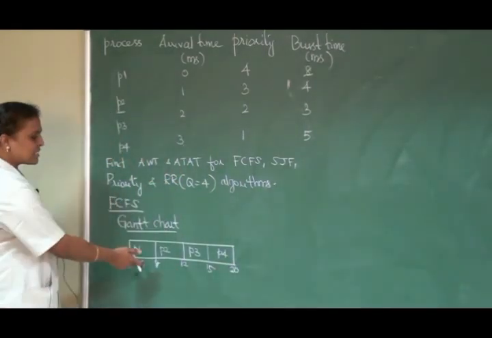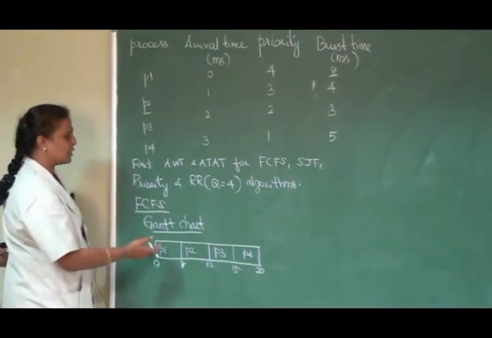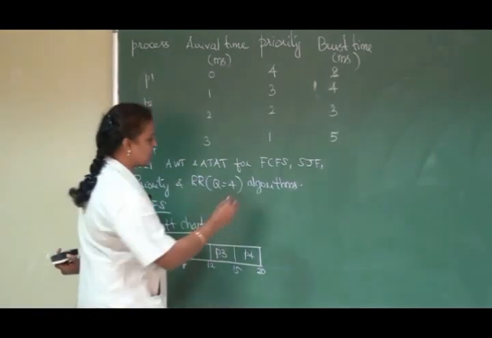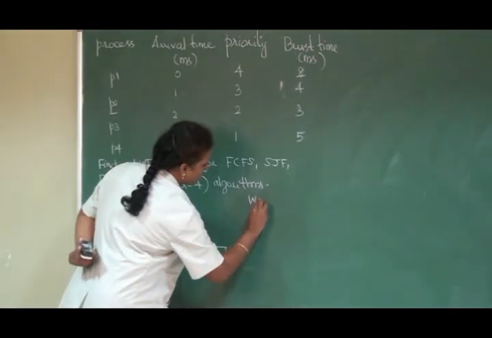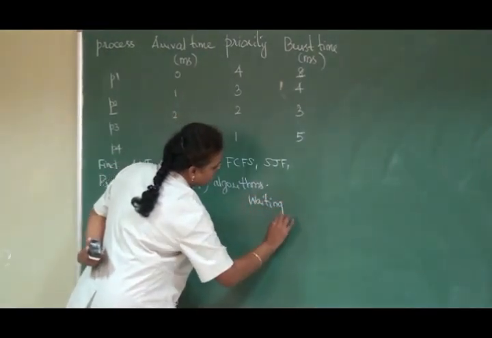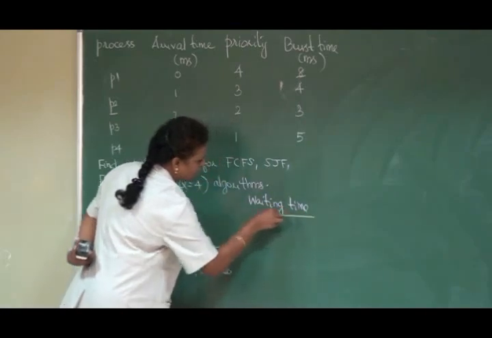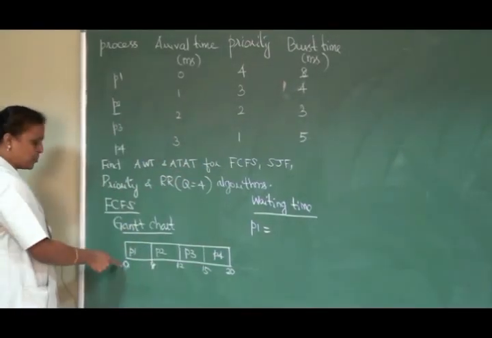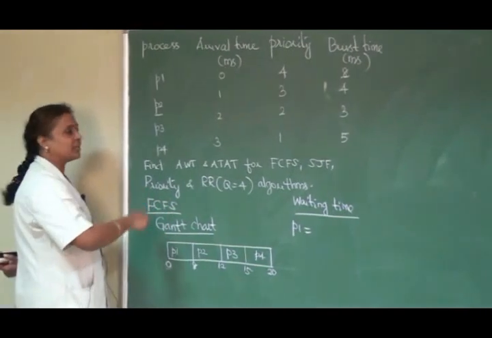Now from this Gantt chart, we can easily calculate the waiting time of each and every process. For each process, we look at what time it gets the CPU and how much time it waited in the queue.